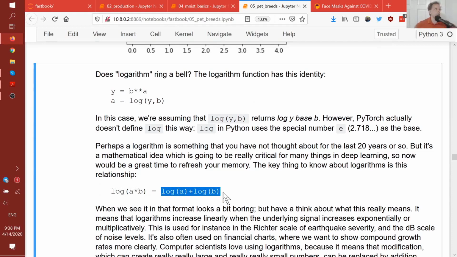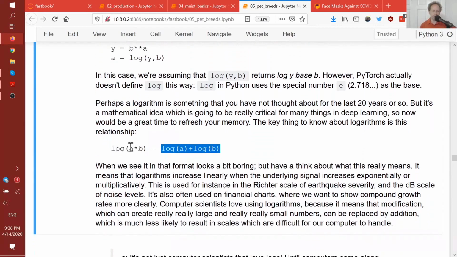And we use that all the time in deep learning and machine learning, because this number here, a times b, can get very, very big or very, very small. If you multiply a lot of small things together, you'll get a tiny number. If you multiply a lot of big things together, you'll get a huge number.